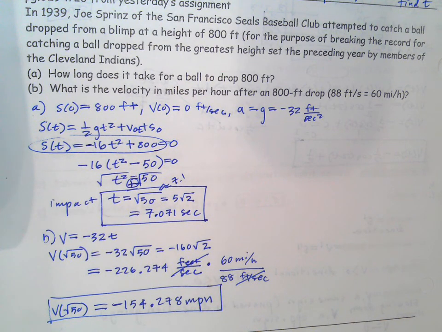They have this chest thing, and if it was really hard, it would just bump him in the chest. But Joe's looking up. The glove is between the ball and his face. So once the ball hit his glove, it smashed his glove into his face. I think he broke his nose or something. Had to go to the hospital. It was not good. And then I think he dropped the ball. I don't think he actually caught it. So I don't think the record was broken.